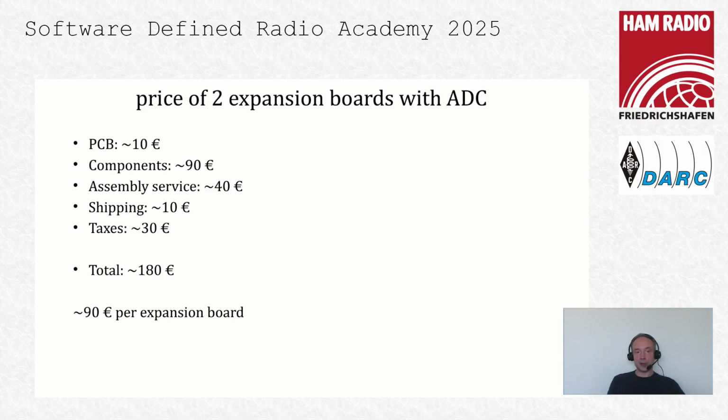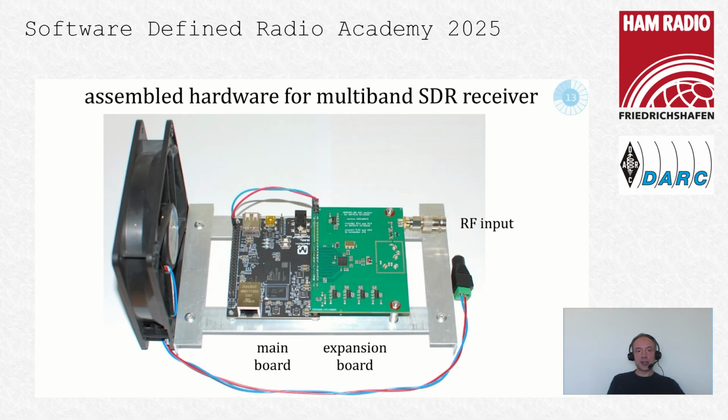Still, the result is quite interesting. I would say we have a QMTech board for 90 euros, then an ADC board for another 90 euros, making the total price of the assembled system around 180 euros. Once I received my ADC expansion board, I soldered connectors to connect it to the main board and to the antenna. And when I connected them together, I added cooling to keep both the ADC and the system on chip at very reasonable temperatures.